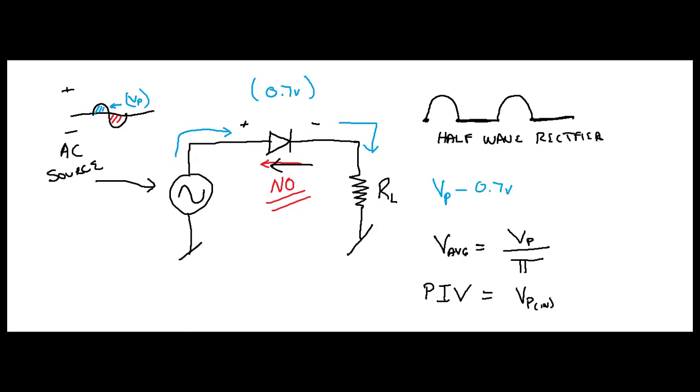Now, let's try something here. If we take a transformer, let's suppose we have an input here like we just had. That's your source. This is your primary.